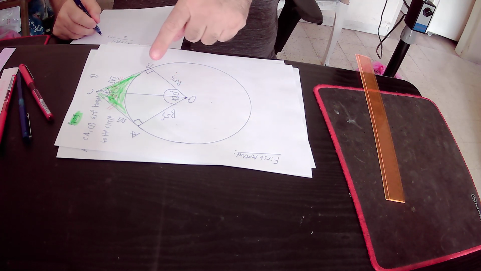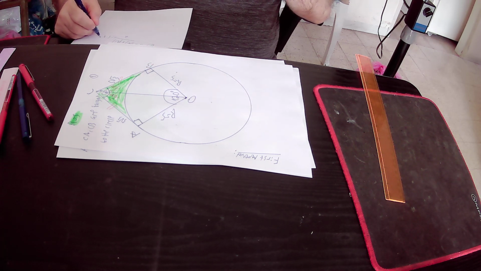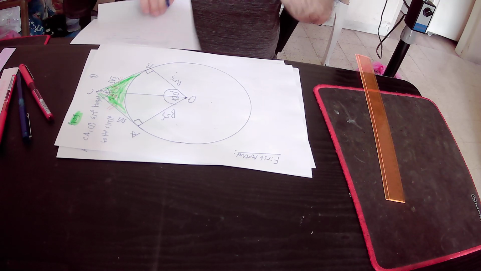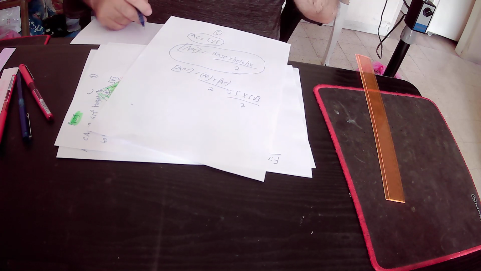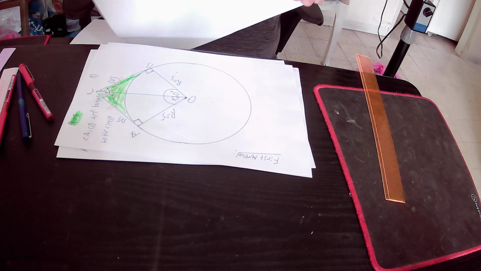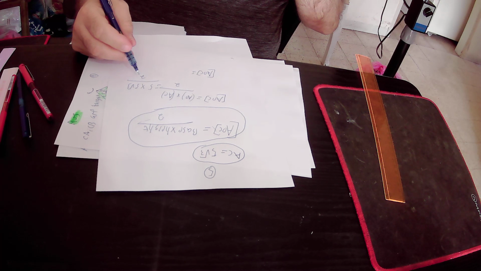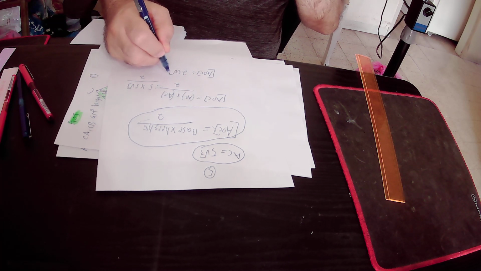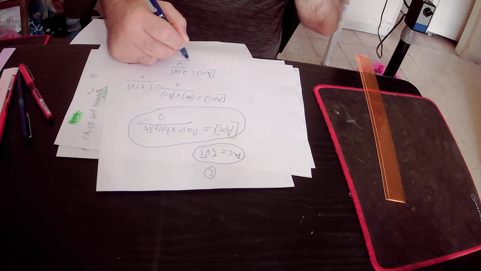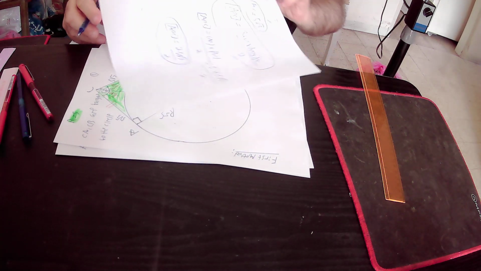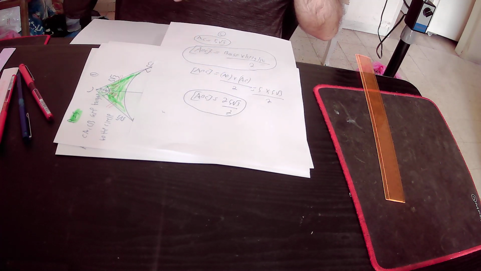And AC equals 5 times root 3, over 2. So the area of triangle AOC equals 5 times 5 is 25 times root 3 over 2 square units, okay? Again, the area of triangle AOC equals 25 times root 3 over 2 square units.